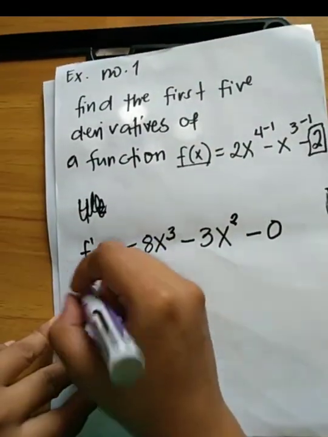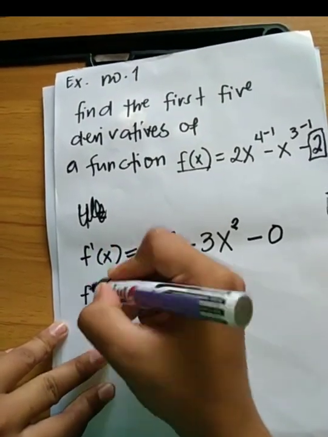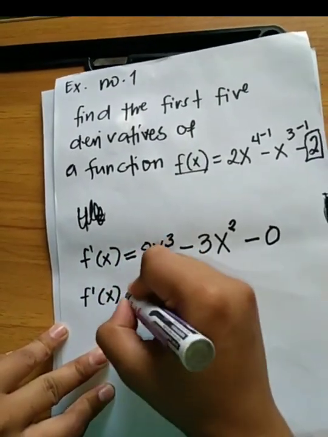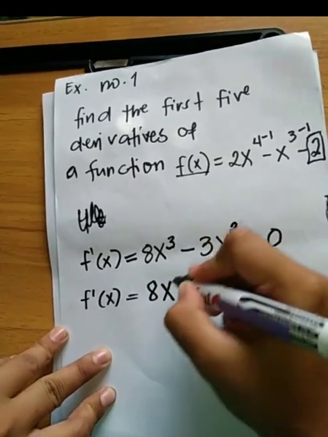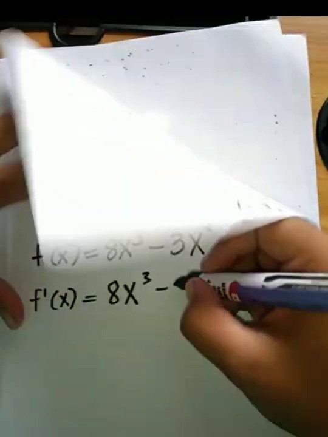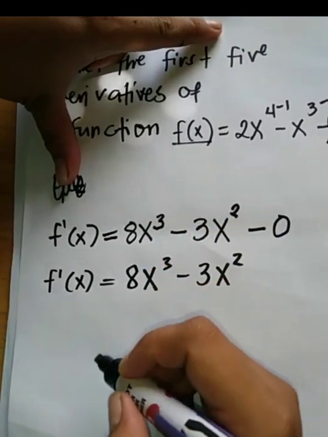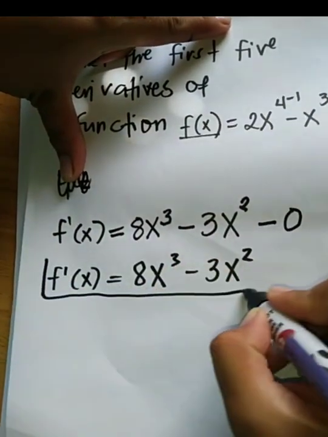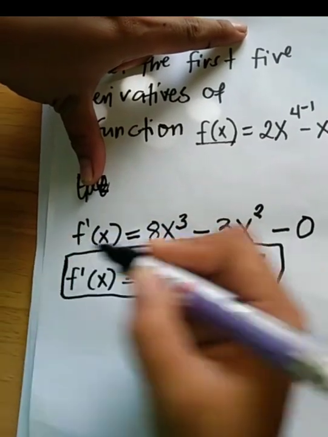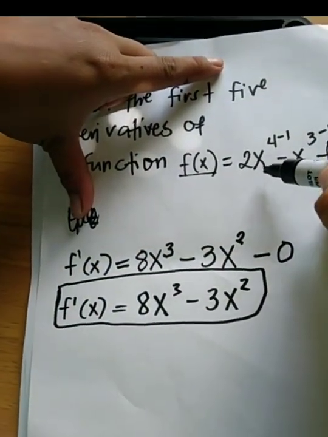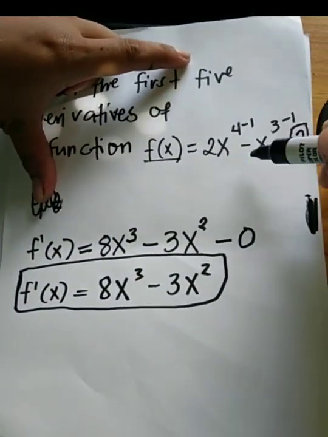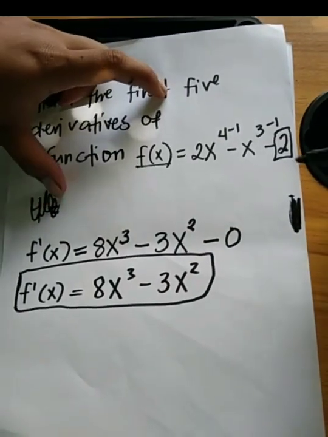So the final answer for the derivative of this function is 8x cubed minus 3x squared. This is the first derivative of the function 2x raised to the power of 4 minus x cubed minus 2.